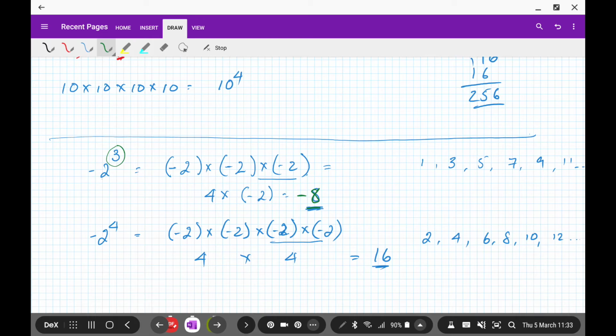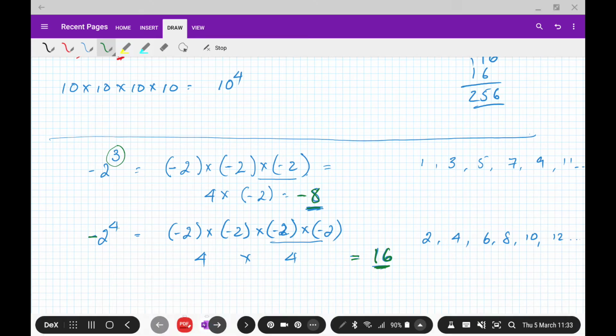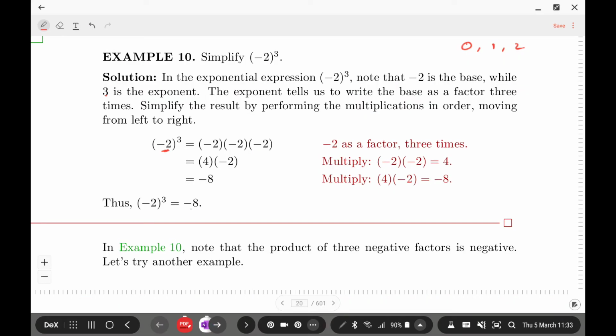And if the base is, again, negative, and the exponent is an even number, the answer will always be, sorry, a positive number, not even, positive. So going back here, that's what this example is showing you.